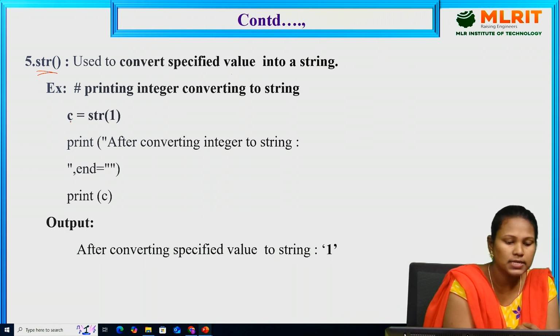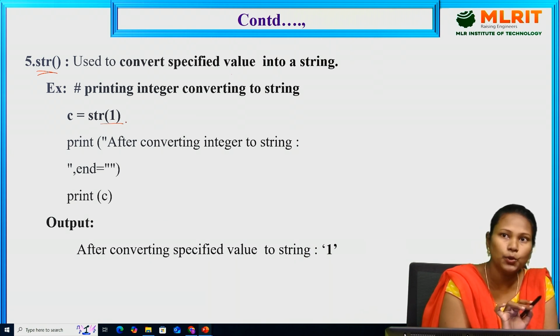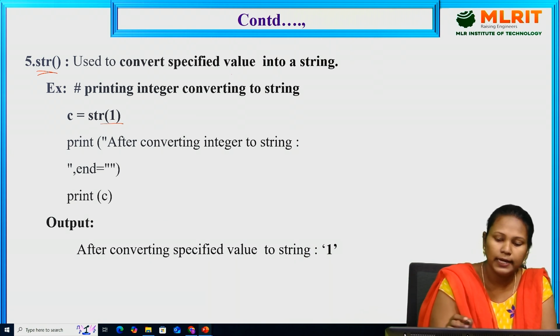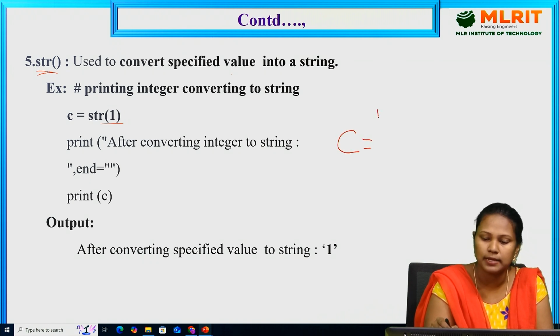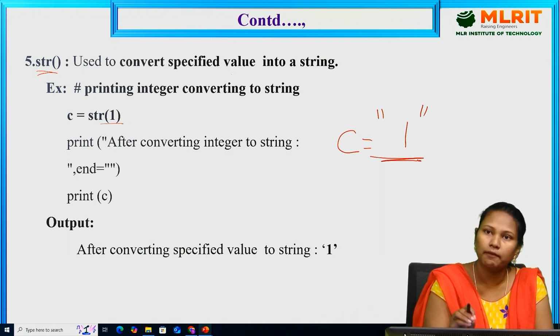So C is equal to str of 1. The 1 is the integer and we are converting it into string type, which means it displays the C value as "1" in double quotations. Whatever value we give, by default if it is a plain value, it is taken as an integer. If it is a pointed value, it is taken as a float.